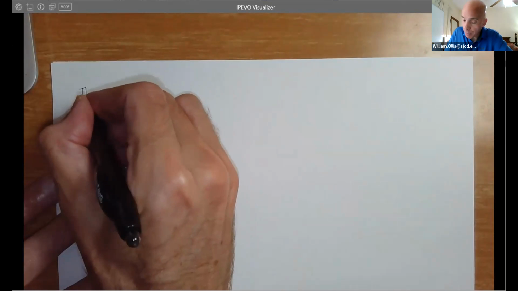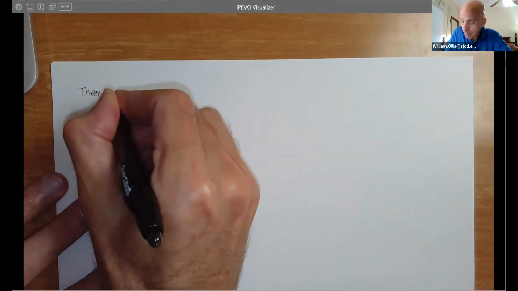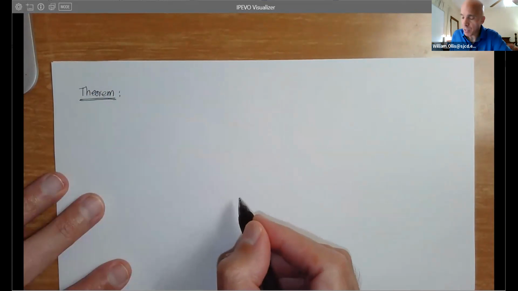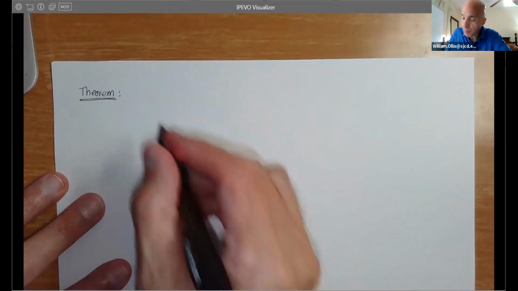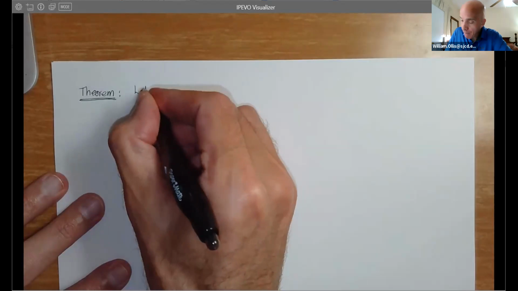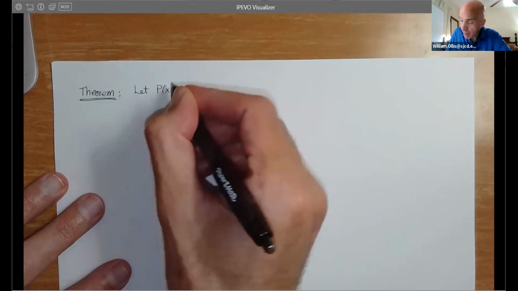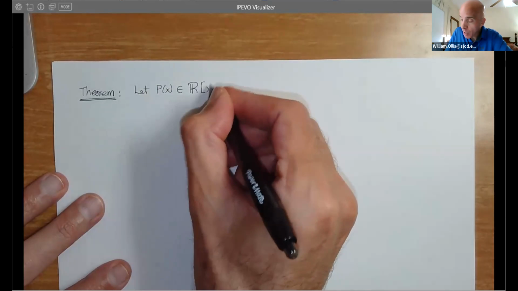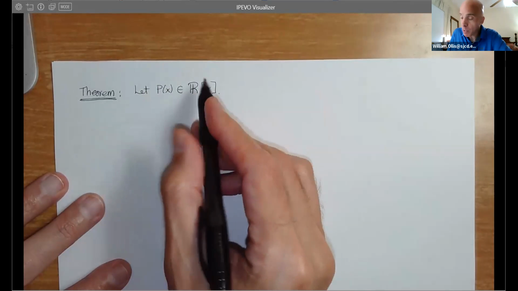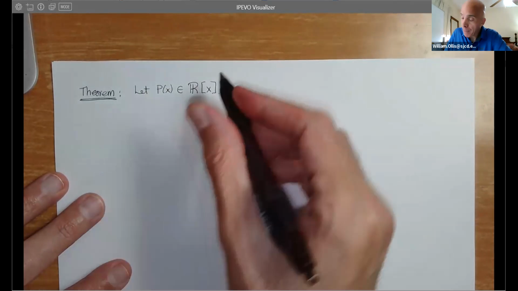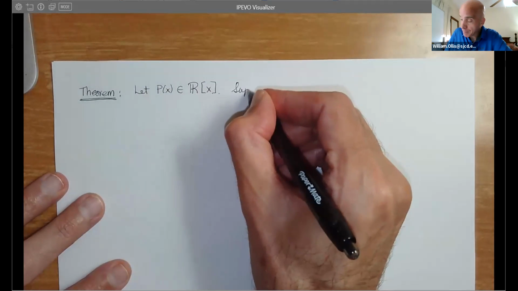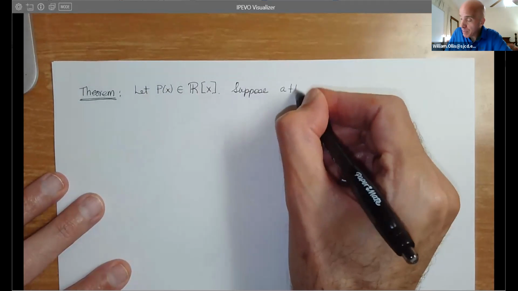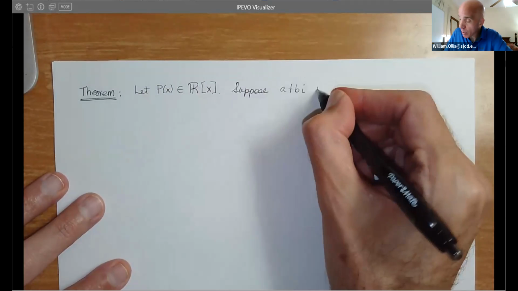So here's a theorem. I'll just go ahead and write this one out. You can find these in the ebook like we did before, but I'll just change it up a little bit. I'll say let p of x be a real polynomial. Remember, we use the script R to say that we have a polynomial with real coefficients. And suppose a plus bi is a zero.